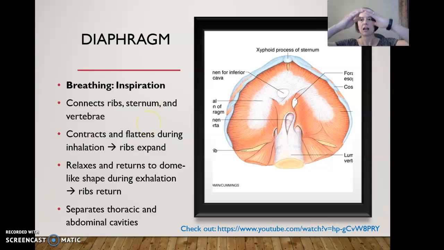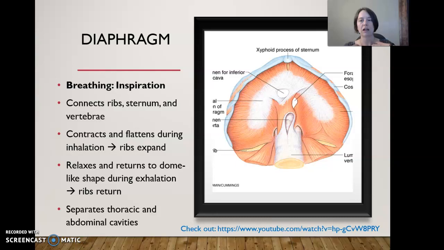So this is a little bit different than what you think. In its rest position, it's dome-like. When it contracts, it flattens. And when it relaxes, it comes back up to the dome-like. This is important because when it contracts, it flattens, and your ribs expand. And so your chest is a bigger volume, so your lungs expand, so air moves in. You don't actually breathe in.